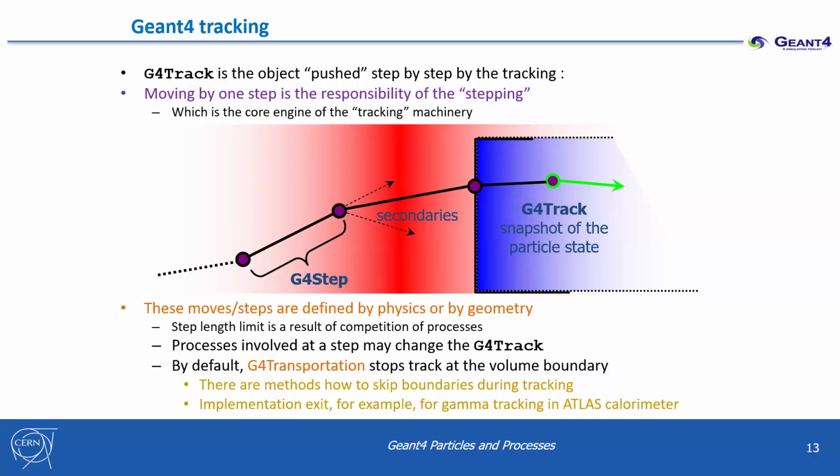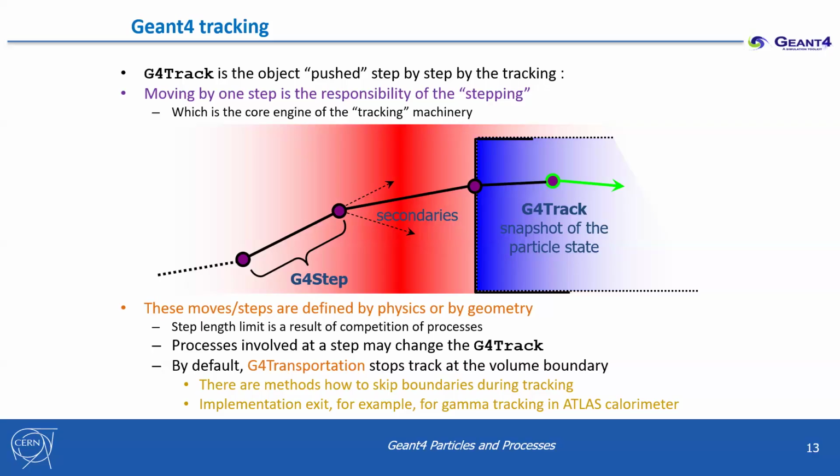And G4 step knows about the beginning and end of the track. Track may be stopped for many reasons. For example, physics interaction, when we produce secondary particles, secondary tracks. Or it may be stopped when the track enters a geometry boundary between two volumes. In G4, normally, we have to stop a track at a boundary.